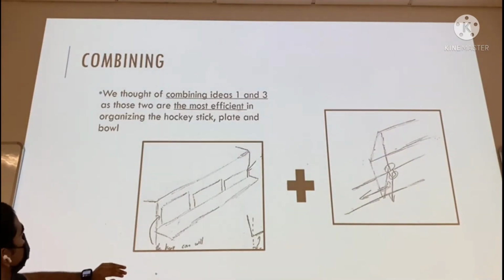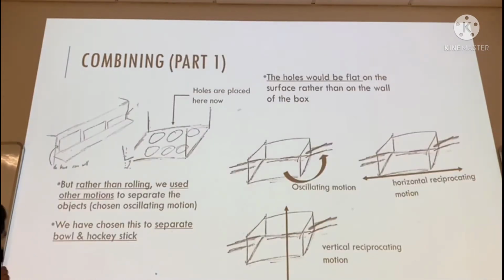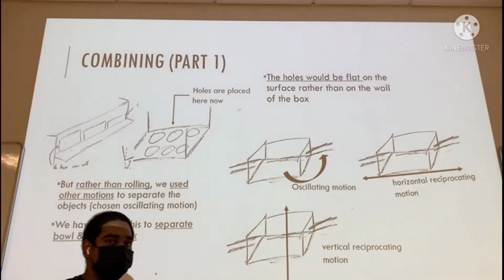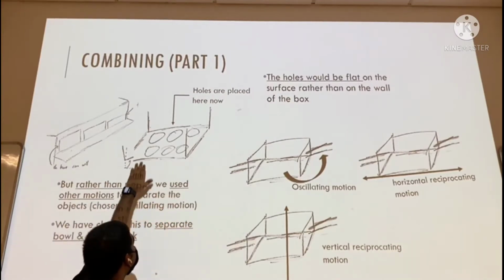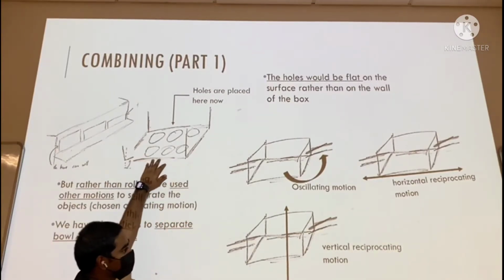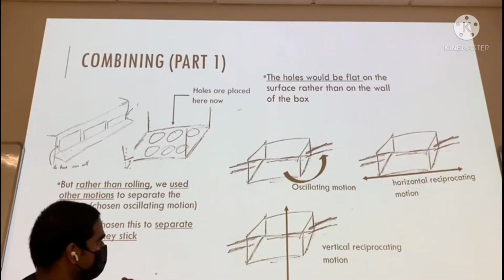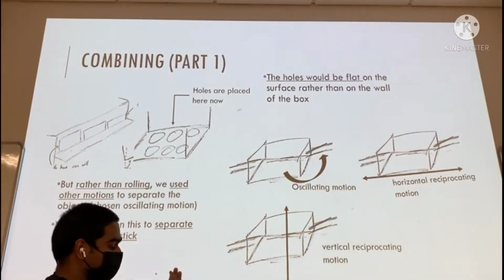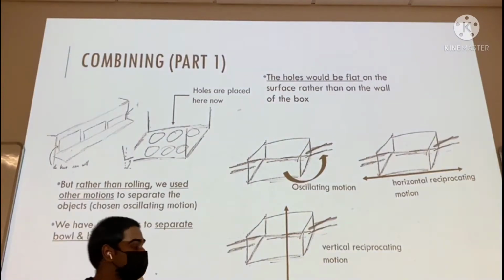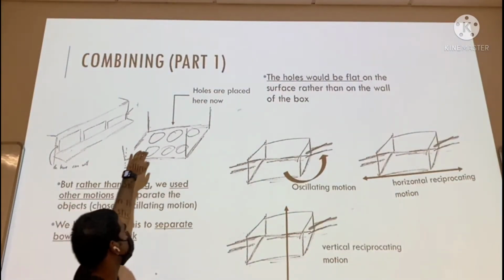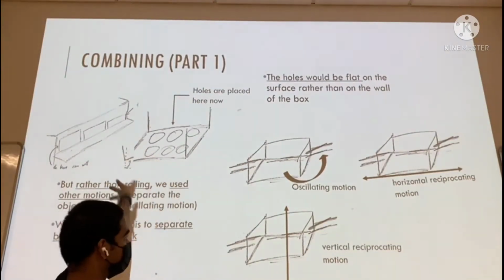So next. Okay, so part 1: this is kind of like height sorting, but we used the shape of the bowls and cut holes in a box. With these holes, we separate the plates from the bowls and spoons. Basically, the spoons and bowls will go through the holes, and the plates will remain in the box.